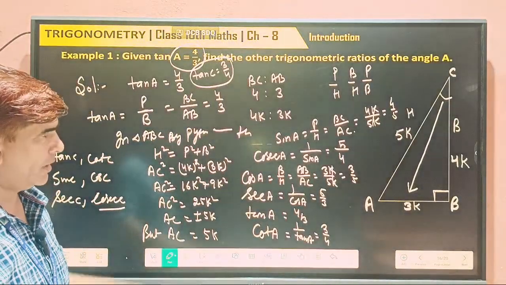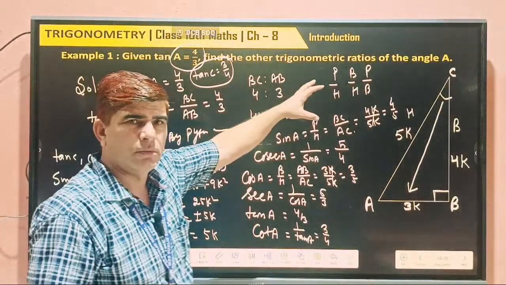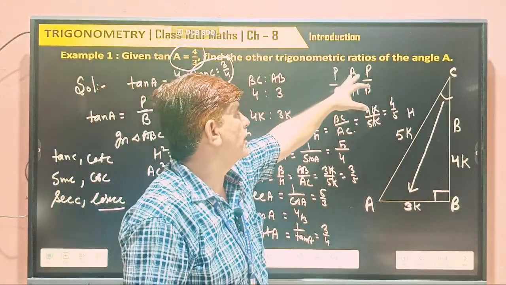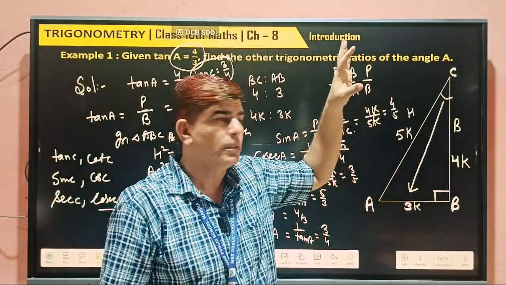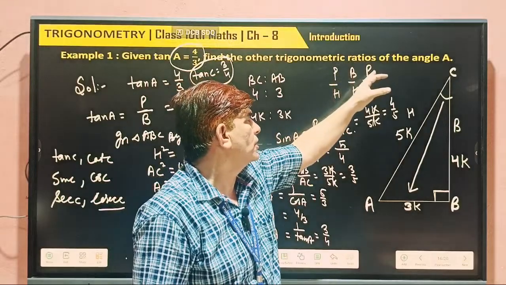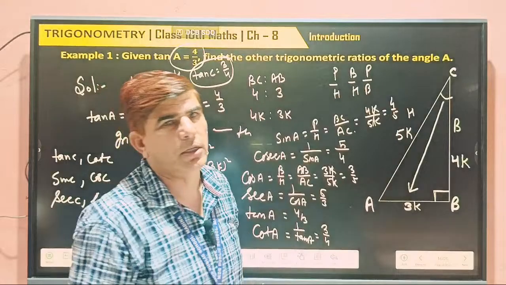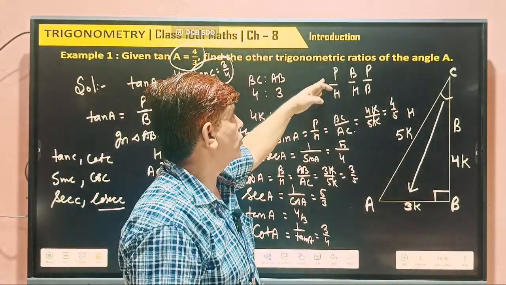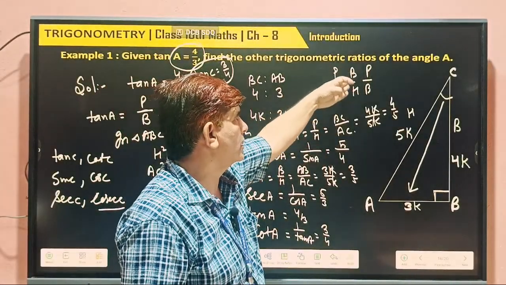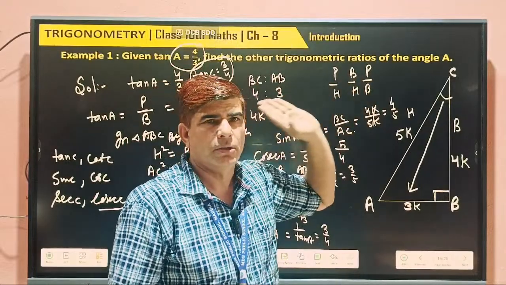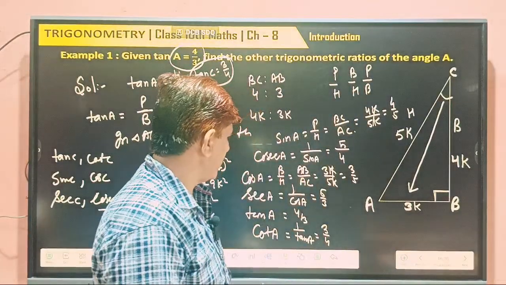Try to solve using this. This is sine, this is cos, this is tangent. And when the numerator becomes the denominator and the denominator becomes the numerator, that one is the inverse: of sine is cosecant, this is secant, this is cotangent. So try to understand this.